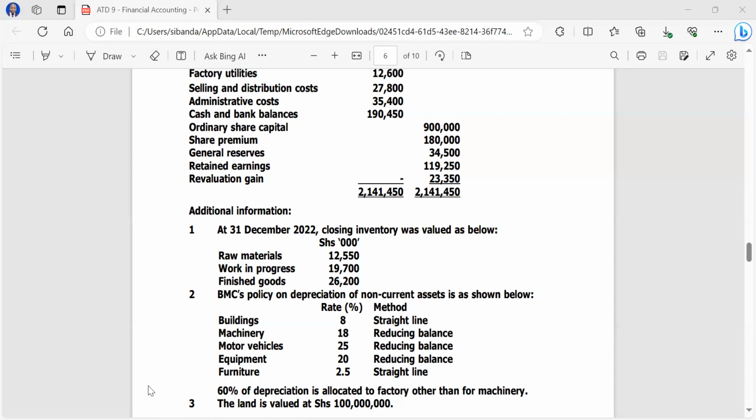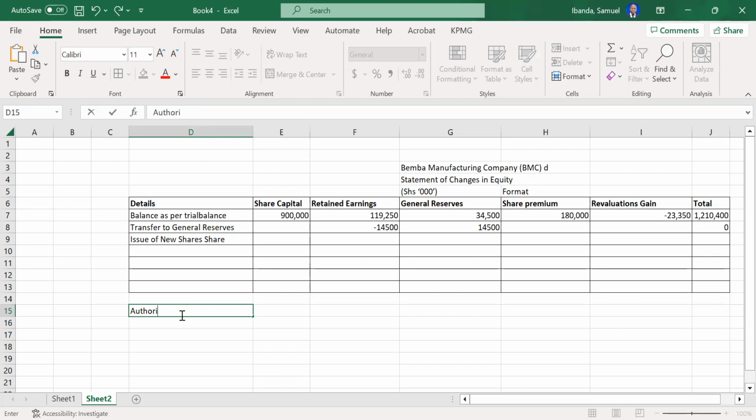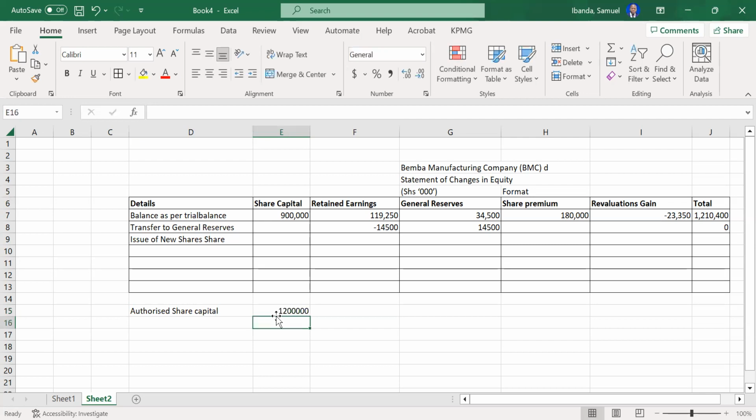So remember we already had 900,000. We just try to show this. So we had share capital of this, and now we want to look at the issue of new shares. That is what we are saying. So the authorized share capital as per the additional information is 1.2, and we have already issued 900.